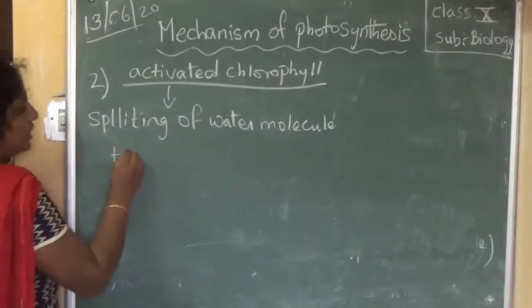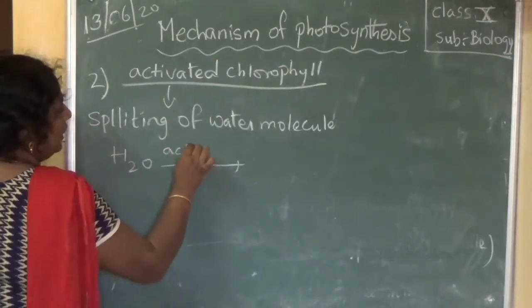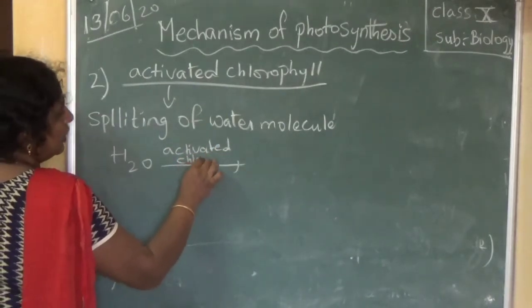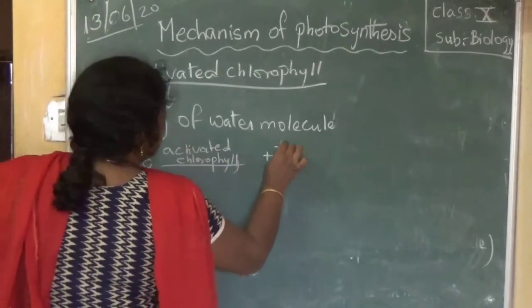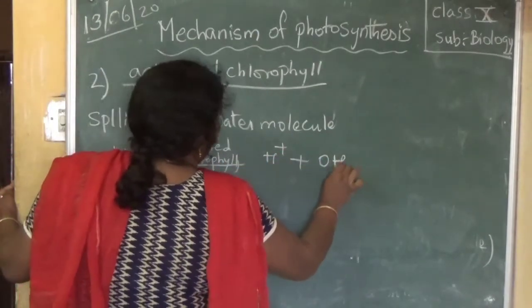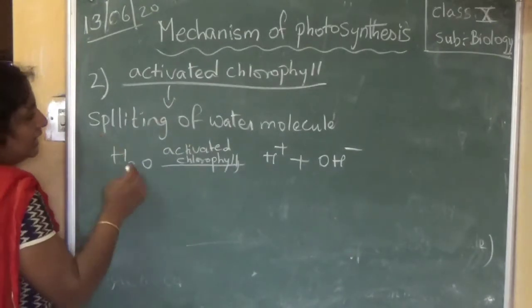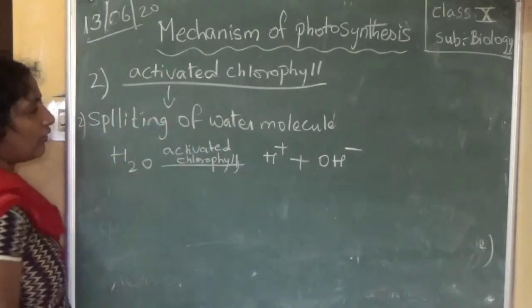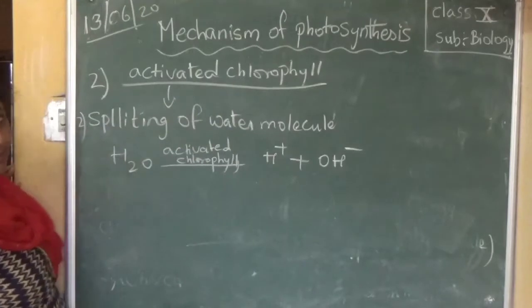H2O is our water molecule. Activated chlorophyll, which has absorbed the light energy, splits the water molecule into H plus and OH minus. So water is split into H plus and OH minus.